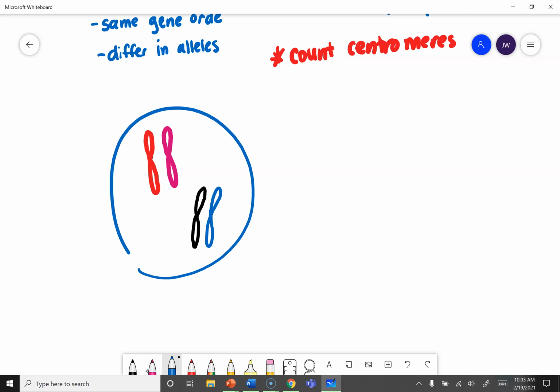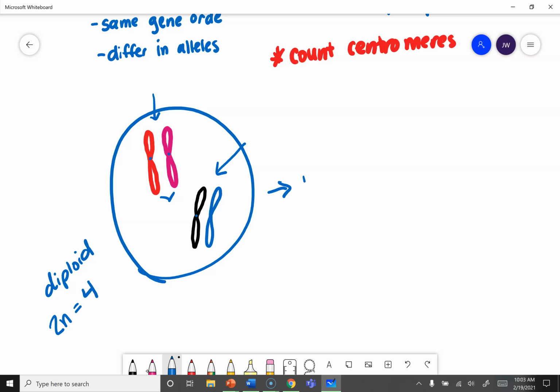So if this is our cell that we're starting with, we have 1 homologous pair, 2 homologous pairs. We have 2 copies of each pair. That means that this cell is diploid. So our chromosome count is going to be 2n. We have 2 copies of each type for a total of 1, 2, 3, 4 chromosomes.